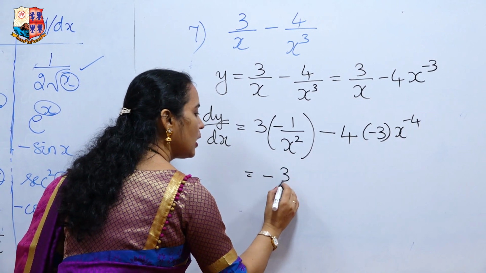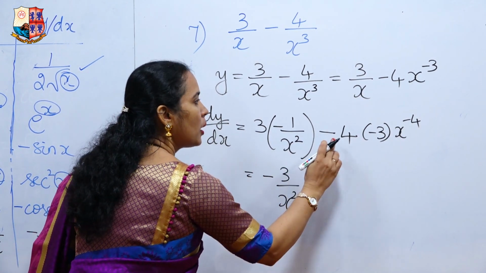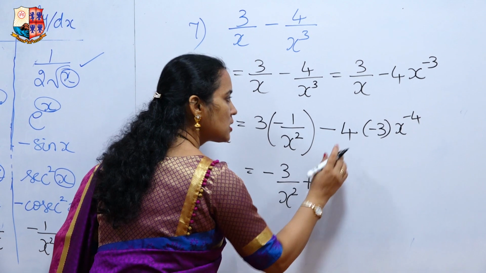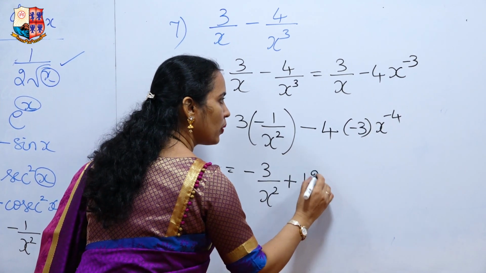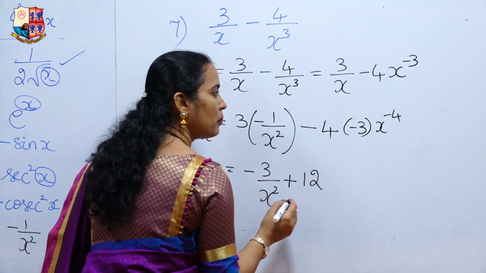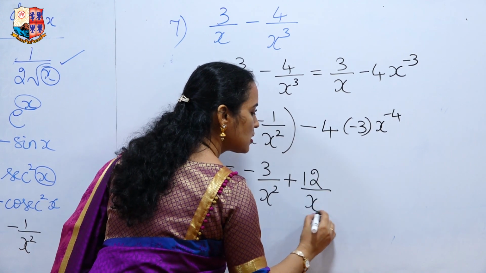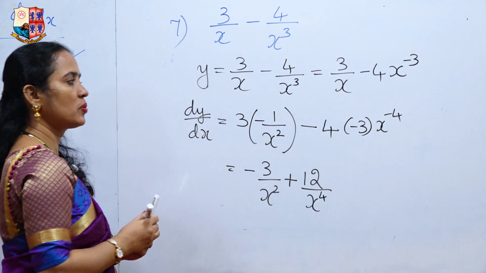So minus 3 by x square, minus into minus is plus, 4 into 3 is 12, x to the power minus 4, write it as 12 by x to the power 4.